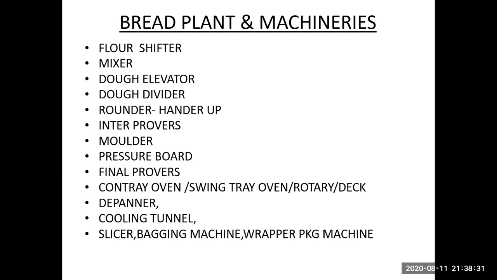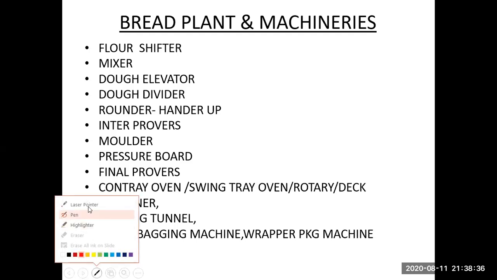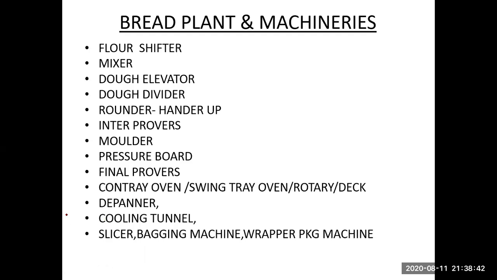Then there is a cooling tunnel, with that a slicer or baking machines, and wrapping and packaging machines. Most of these machines you already know from your previous classes, how they look and what their function is, and the other things you will learn in our classes.